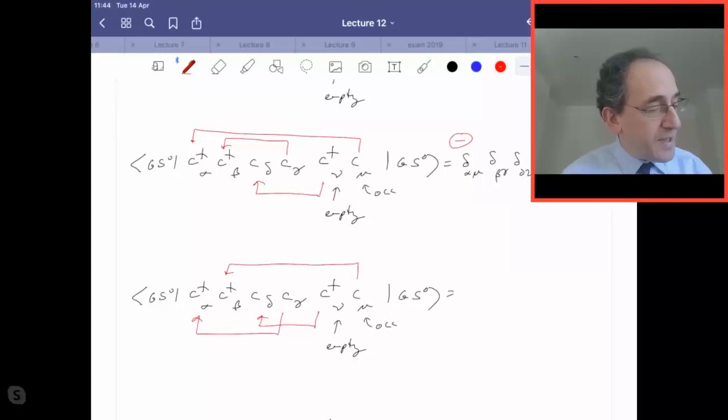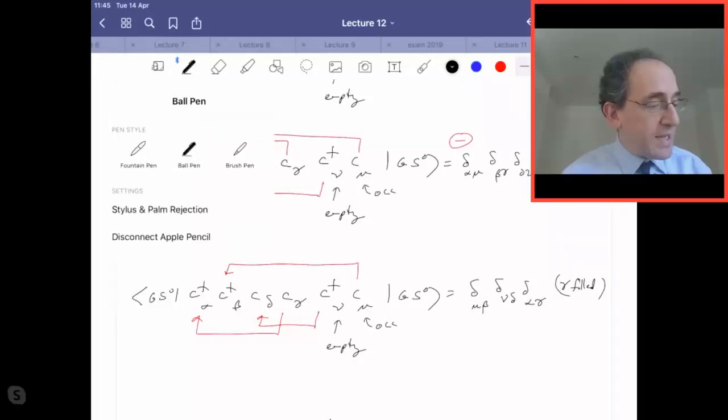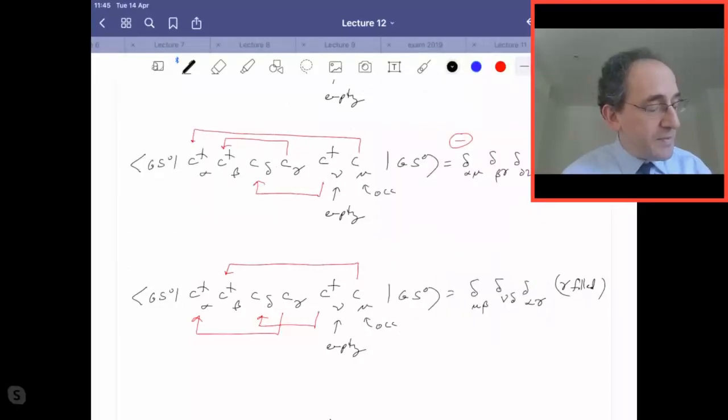And we can write out the result as delta mu beta, delta nu delta, delta alpha gamma. And there's one constraint here, which is that gamma has to be filled here, because I have to be able to destroy someone when gamma acts.